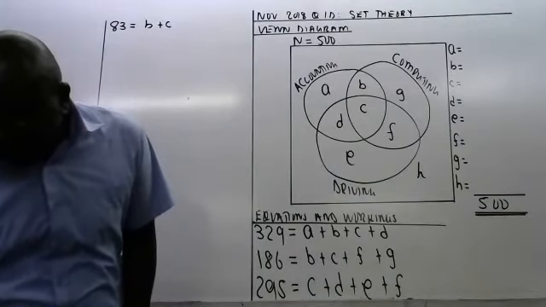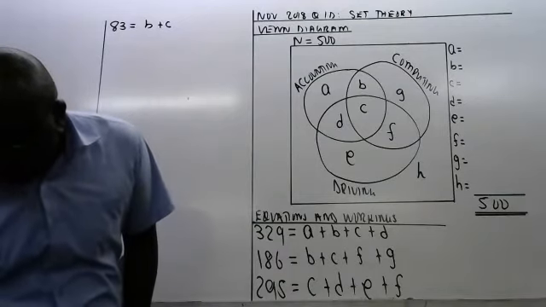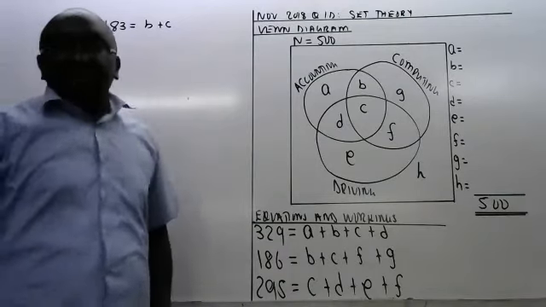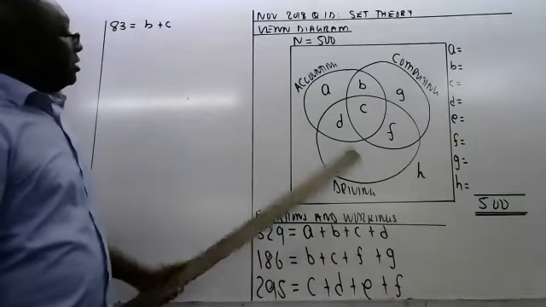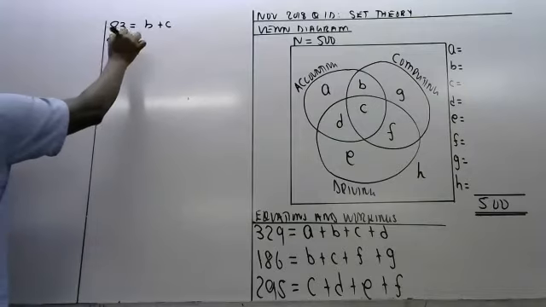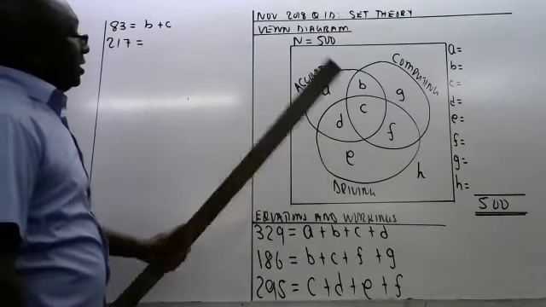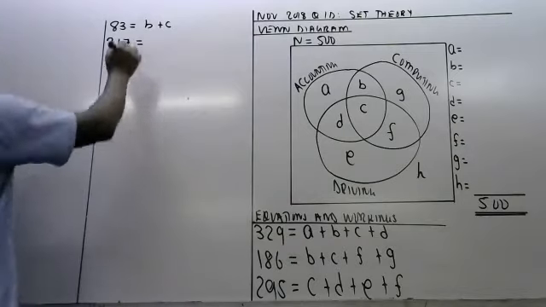Then I have 217 were taking both accounting and driving. Accounting and driving, 217. That is DC.